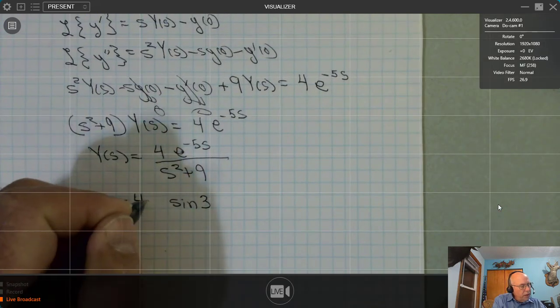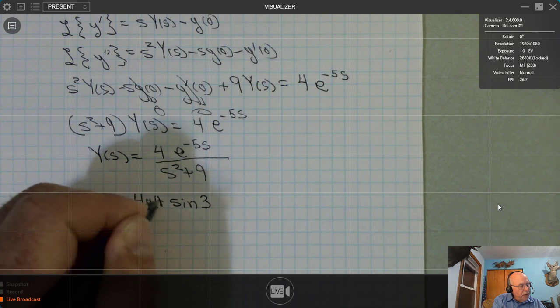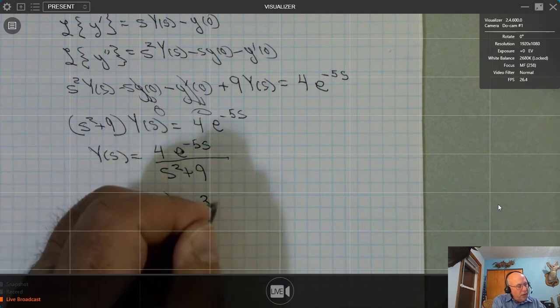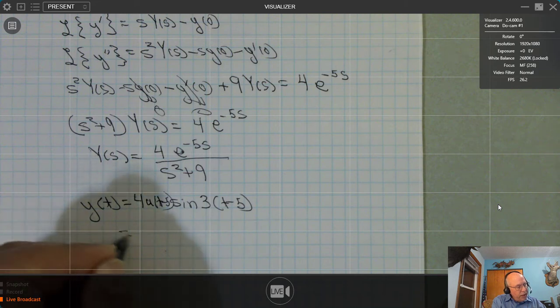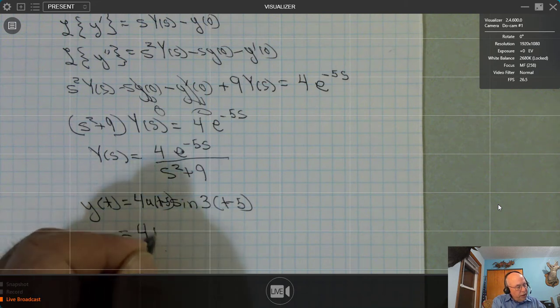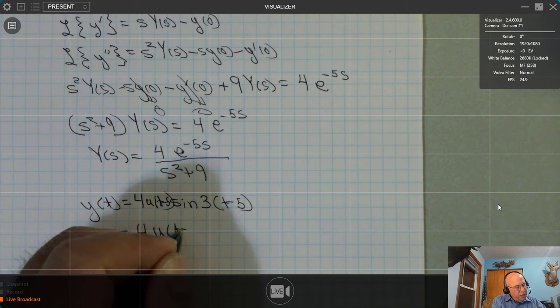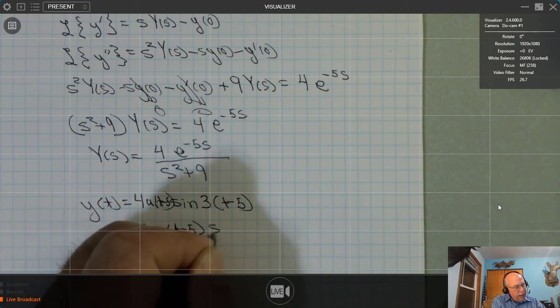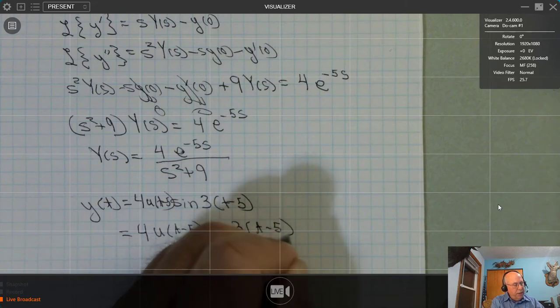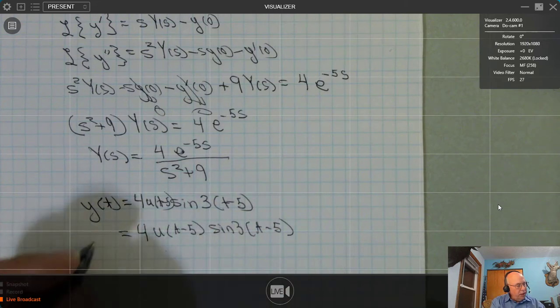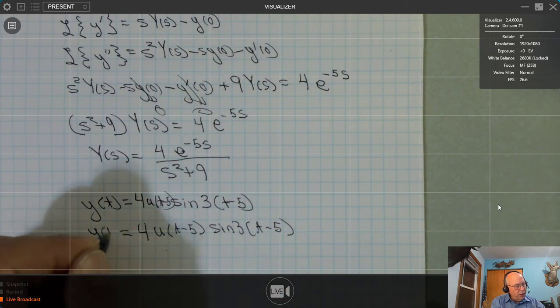So u of t minus 5, and once again, not quite enough room. So let's rewrite that: 4 u of t minus 5 times sine of 3 times t minus 5. So there is the solution of the ordinary differential equation.